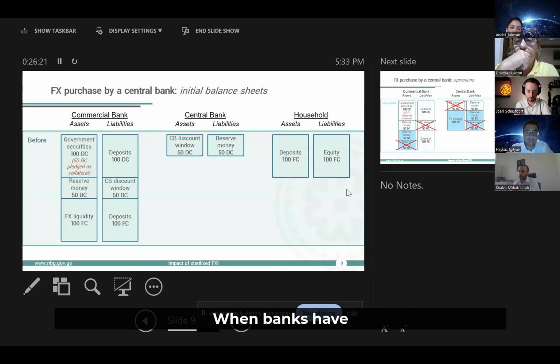Banks have a given currency composition of liabilities. For instance, in this example, they have 100 lari deposits and $100 deposits. It means that they have to have a similar composition on the asset side.